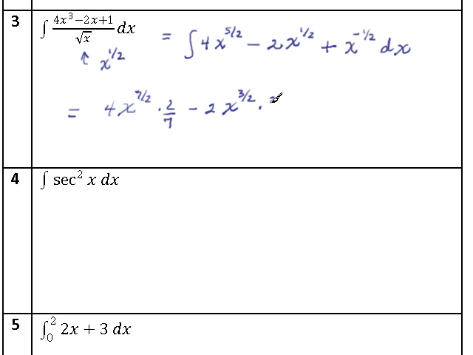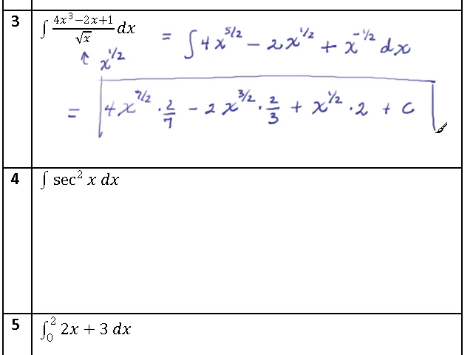Divide by 3/2 or multiply by 2/3. And here we have -1/2 plus 2/2 is 1/2. Divide by 1/2 or multiply by 2. All right, so that's the antiderivative right there.